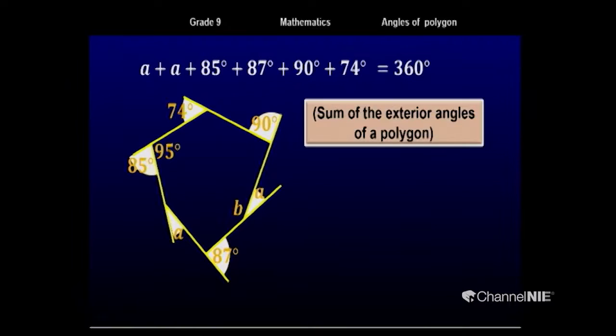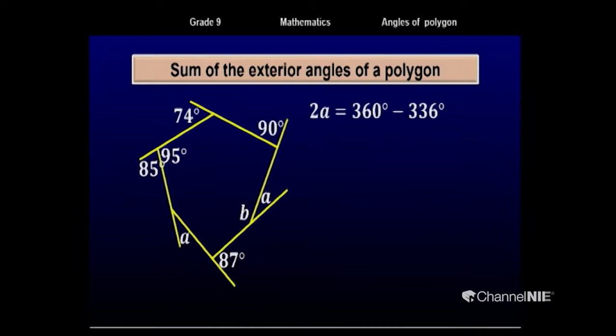Then you can simplify, and here you have to write the reason also. When we write the equation, every time you have to write the reason with these equations. Then you can simplify: 2A plus 336 degrees is equal to 360. Then 2A is equal to 360 minus 336. 2A is equal to 24 degrees.